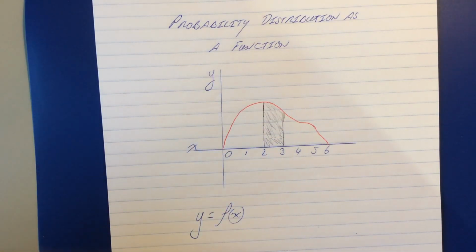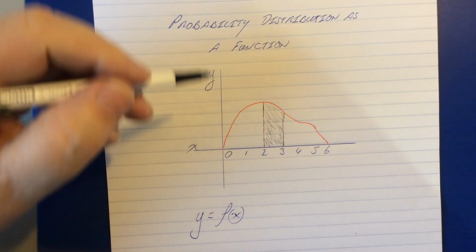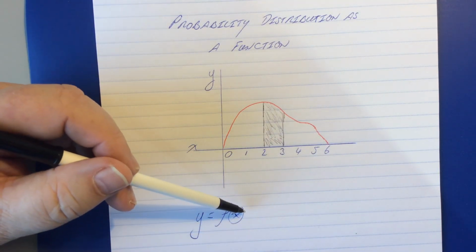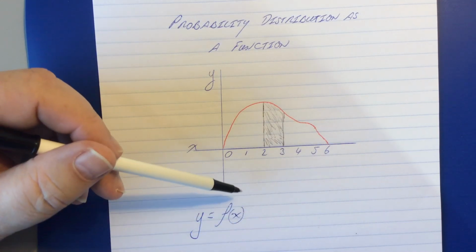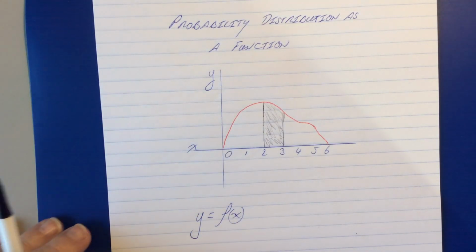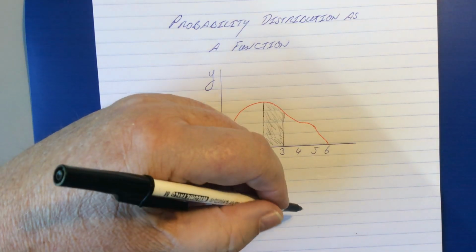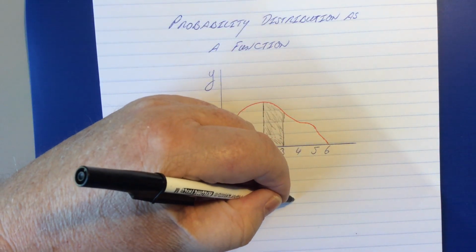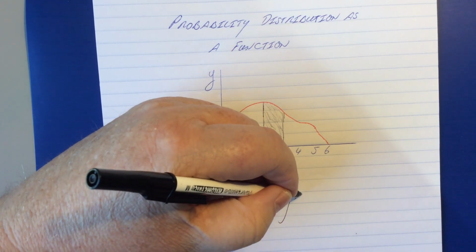And so in order to find that, what we have to do is integrate whatever the function is and find its value between 2 and 3. And so the process for that is something that you would learn when you were doing definite integrals, but I'll just run through it now.